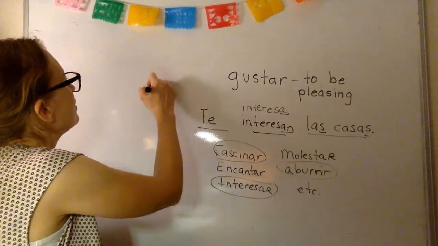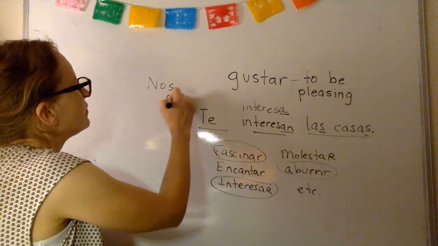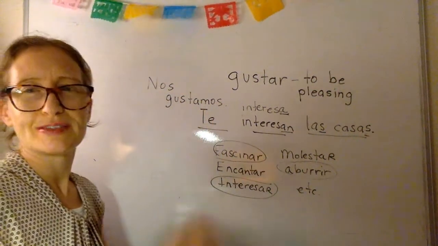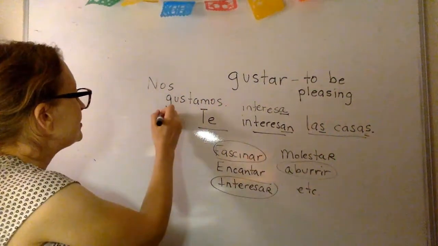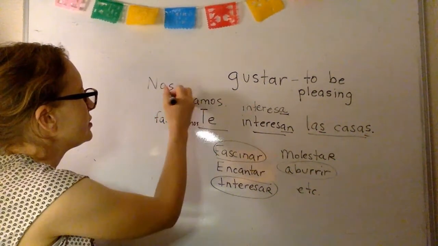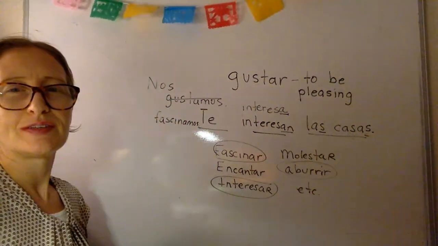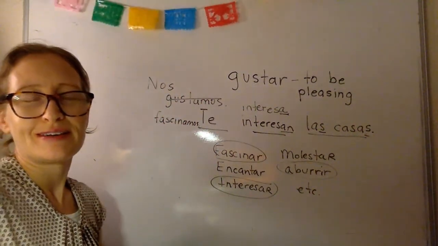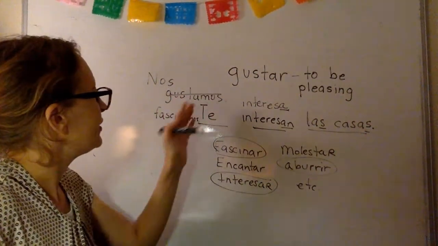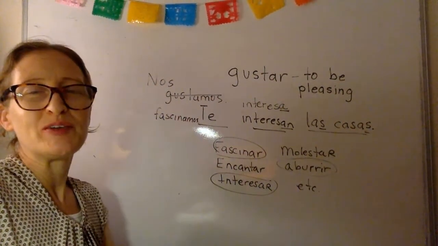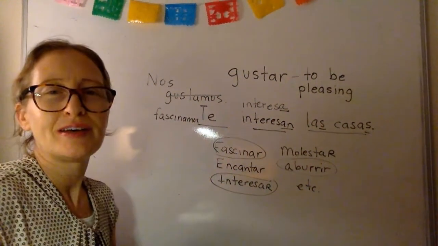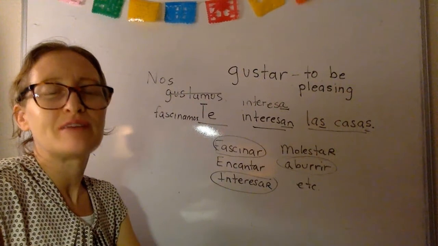Like, nos gustamos. We like ourselves. Nos fascinamos. We fascinate ourselves. So probably wouldn't say that. The other variants on that are probably not something that you'll be using very much. So if you remember third person singular and third person plural, you should do very well with these verbs that function like gustar.